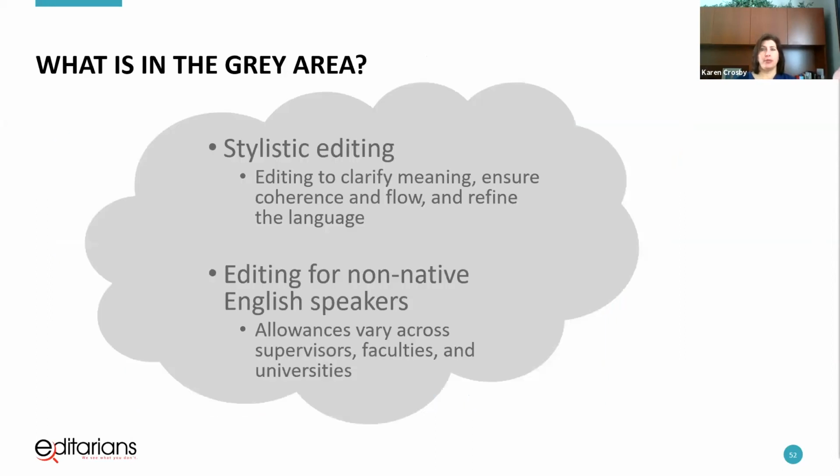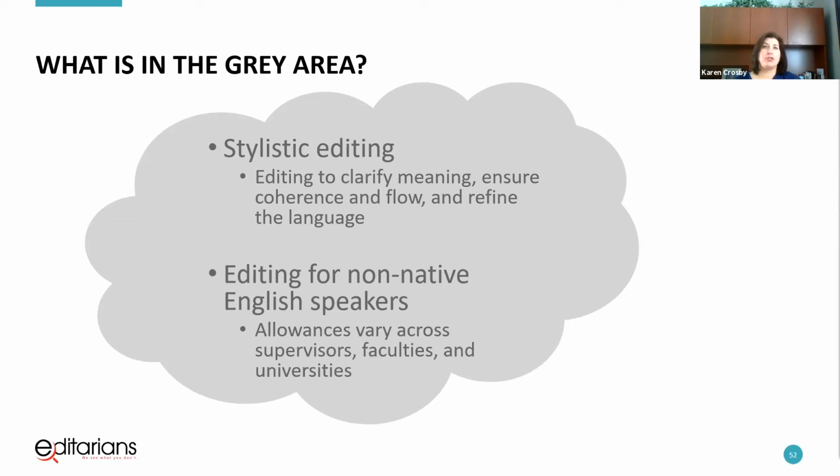And I want to point out that even when all the stakeholders understand their roles and responsibilities, when your supervisor has given permission, when you've chosen an editor with care, this line between cheating and editing can still fall into a gray area. This is especially the case with stylistic editing, which is editing to clarify meaning and refine sentences. Because when does refining cross over into rewriting?